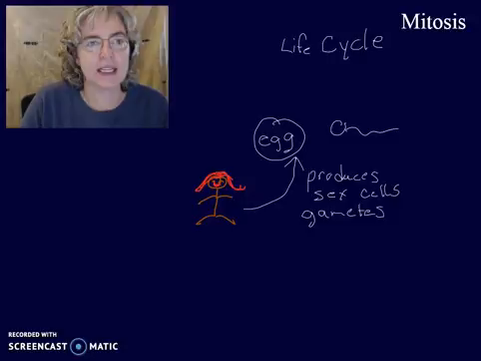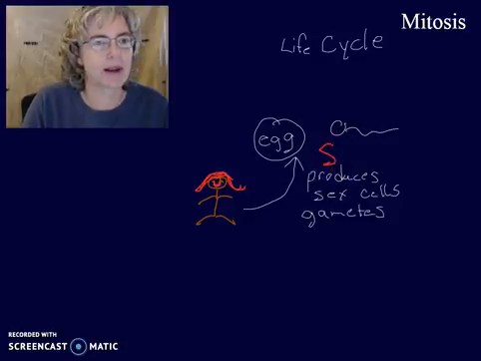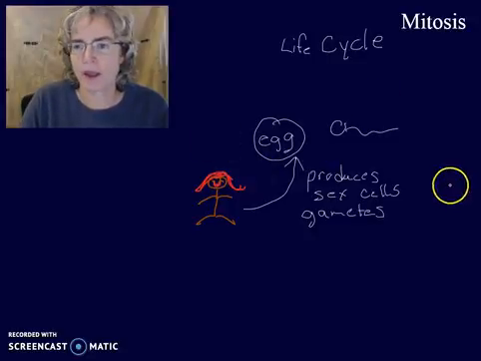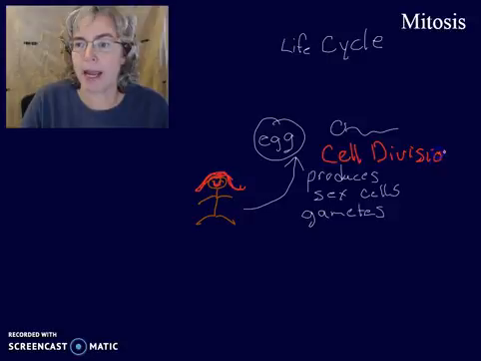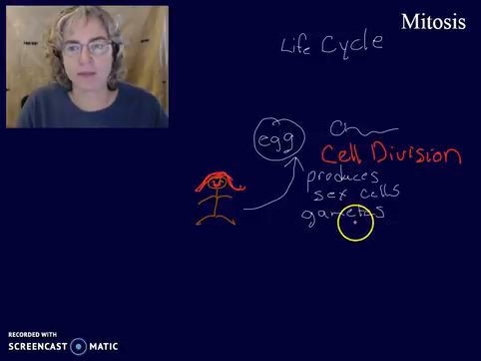So this is cell division. We are talking about cell division to be able to make gametes from a parent cell.